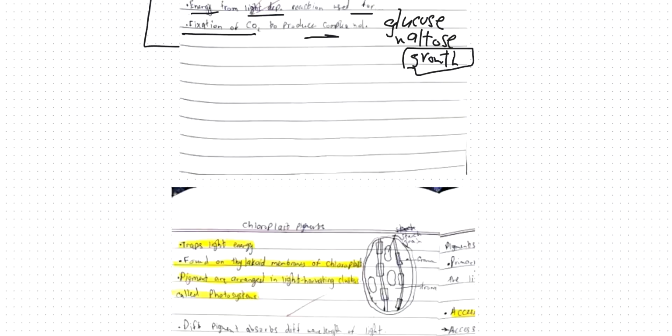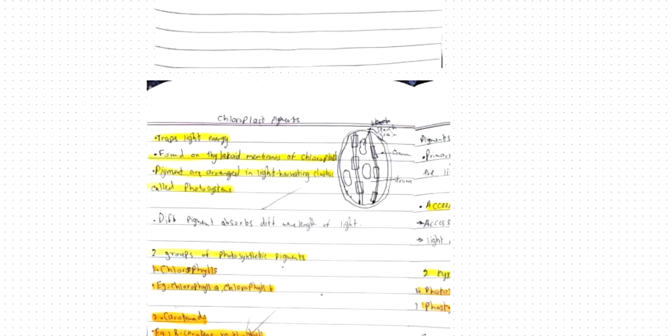All right. So let's start with chloroplast pigments. Now, what do chloroplast pigments do? They trap light energy, as I said, and they're found in the thylakoid membrane of the chloroplast. Remember, all of photosynthesis is happening inside the chloroplast. So the chloroplast pigments are also found in the chloroplast.